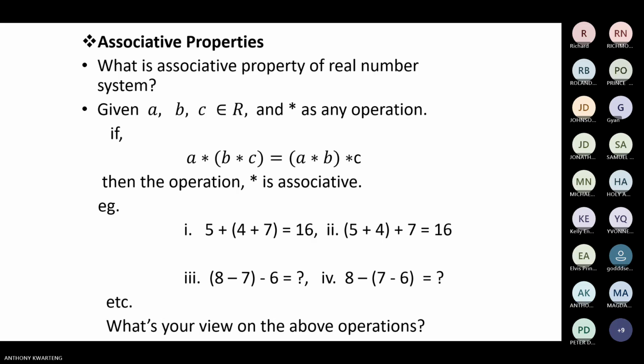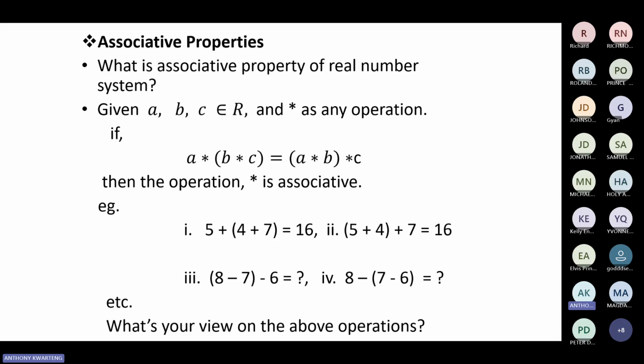So A operation (B operation C): here the brackets are for the second and last numbers. Now on the other side, the brackets are for the first and second. So we have interchanged the position of the brackets. If we still have the same answer, then we say that the operation star is associative.